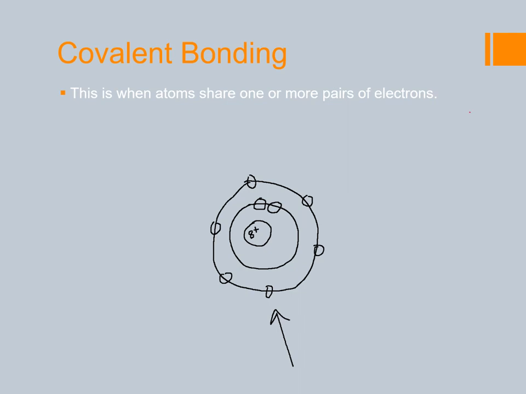Let's draw hydrogen up here. So there is its nucleus, and it has 1 electron on the outside, and it has 1 proton in the middle. Now you can see that hydrogen is also not full and therefore not happy. It needs to pick up another electron to make it full.